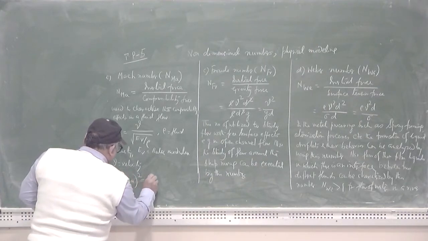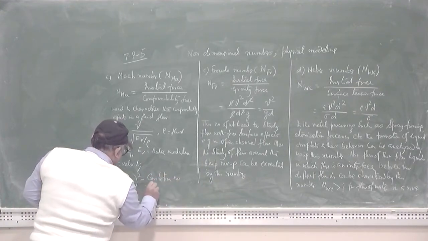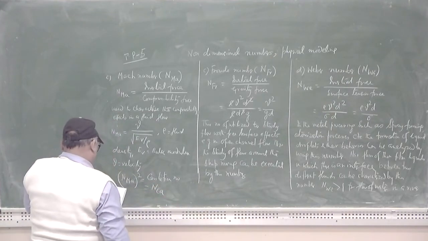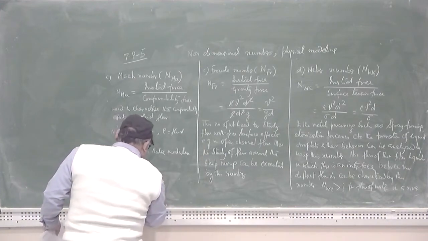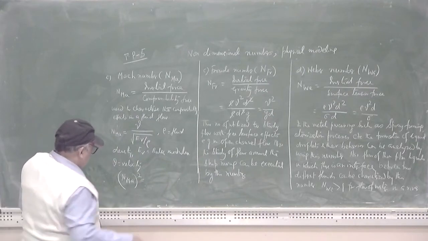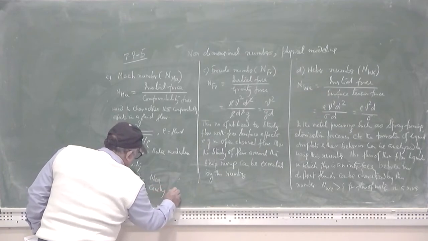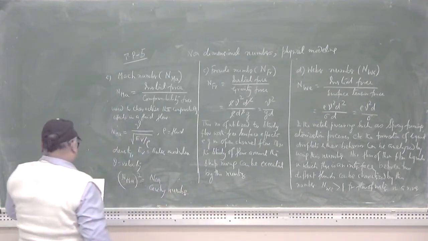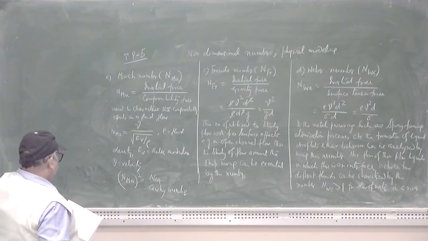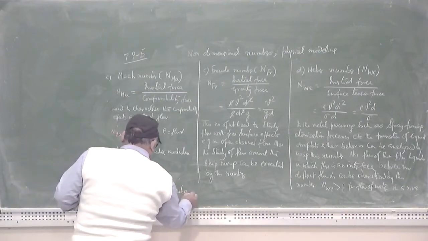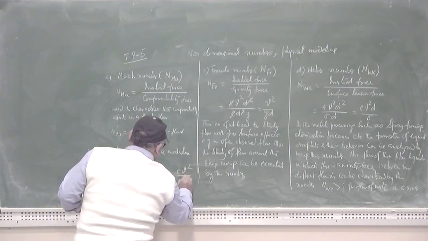This is called the Cauchy number, represented as NCA. And that will be mathematically equal to rho v square divided by E nu.